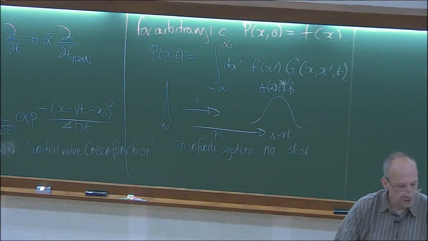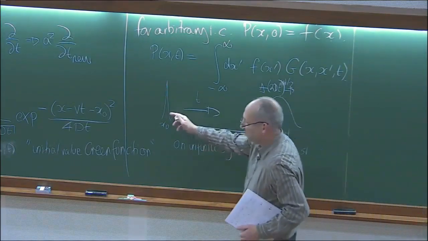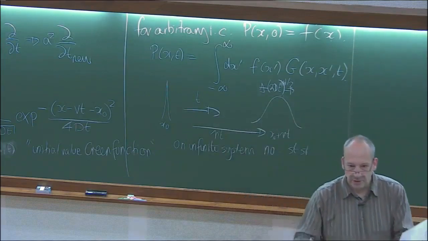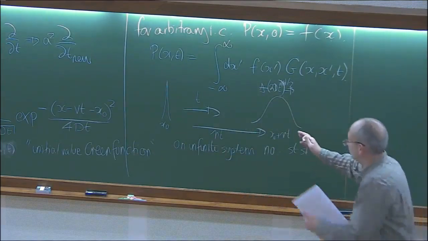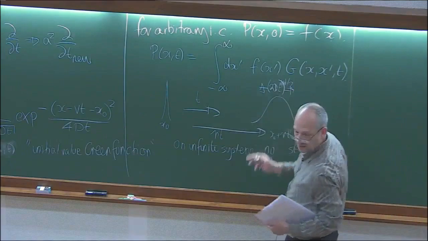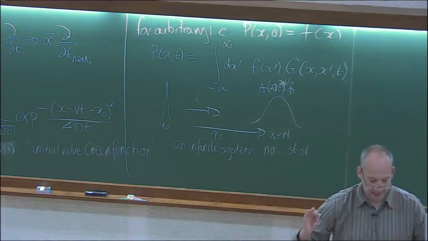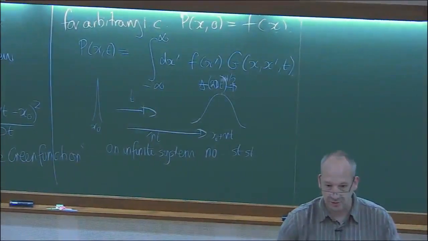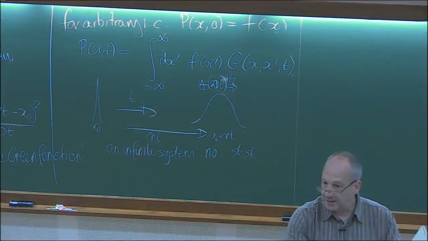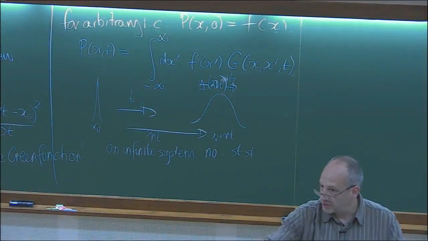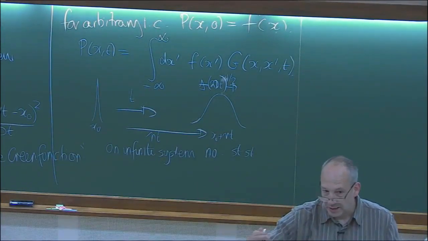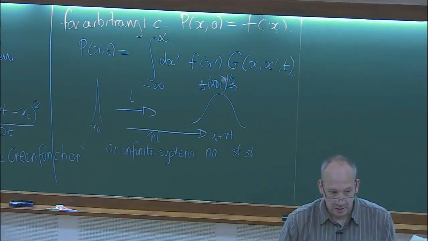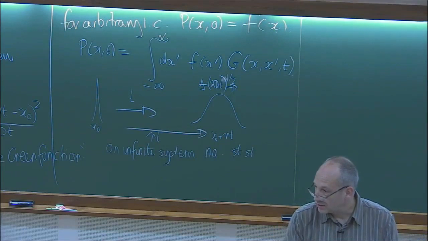Initially it looks like this, but the width grows as t to the half. So if our box is size L, after a time L squared it starts to fill the box, and eventually it will be a flat distribution in the box. We end up with an equilibrium distribution where detailed balance holds and there are no currents.